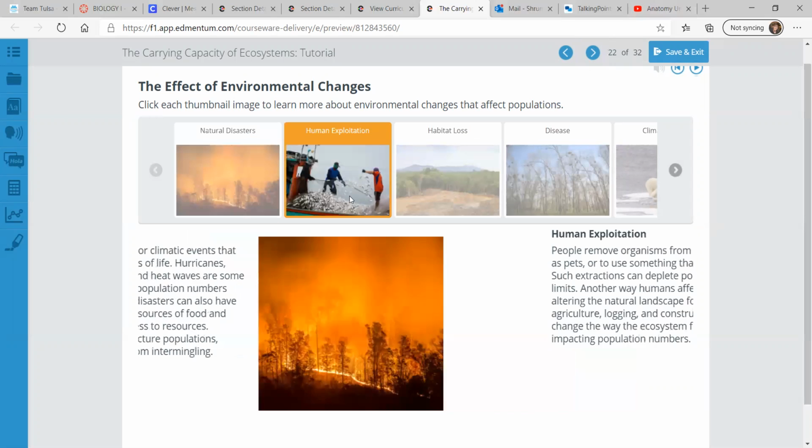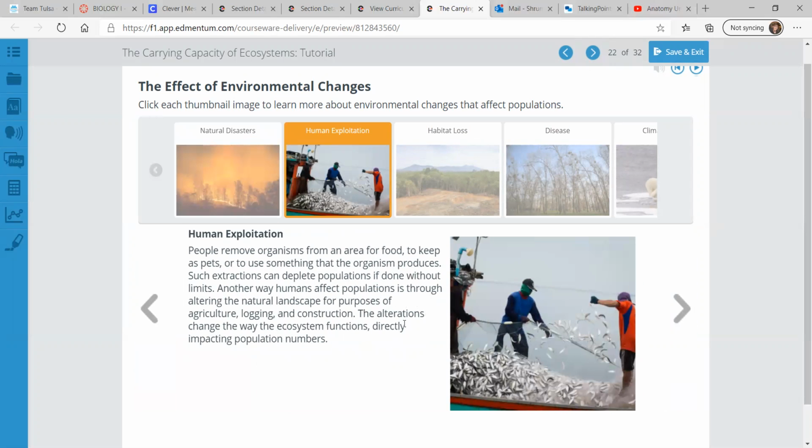Human exploitation is another big one. People remove organisms from an area for food or to keep as pets or to use something the organism produces. Now, such extractions can deplete populations if done without limits.